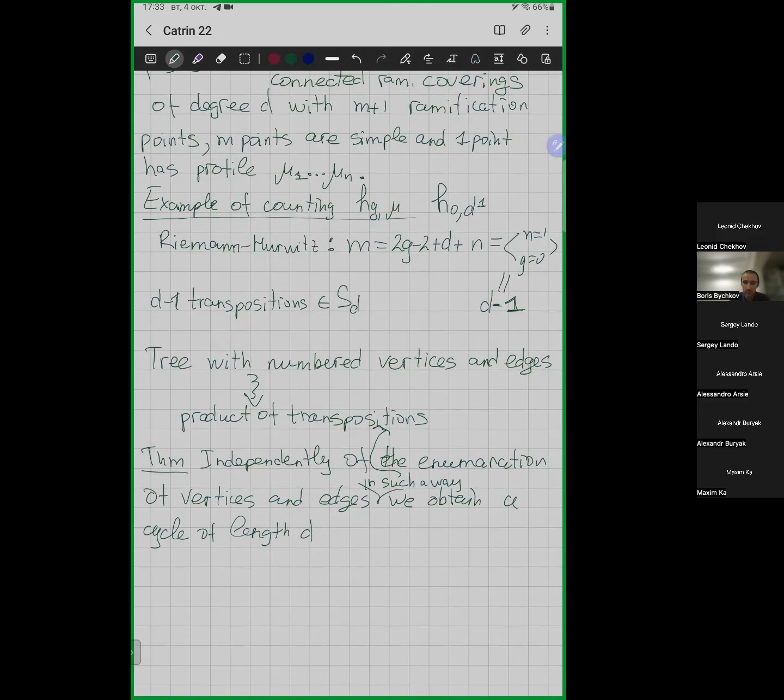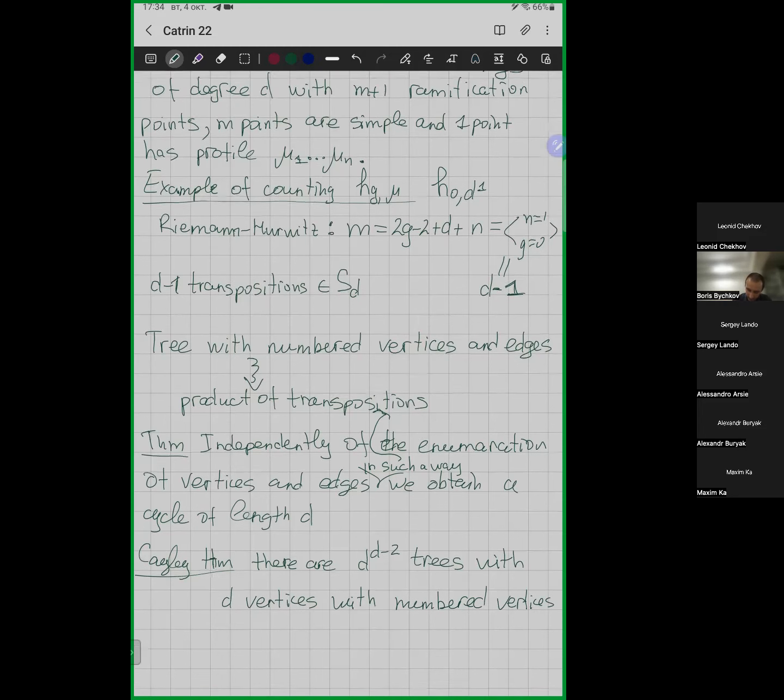And how many trees do we have? The Cayley theorem says that there are d to the power d minus 2 trees with numbered vertices, and there are (d-1) factorial ways to enumerate the d-1 edges of the tree.